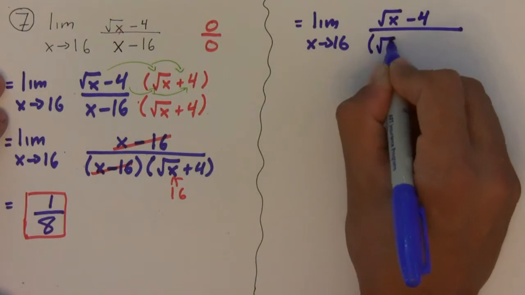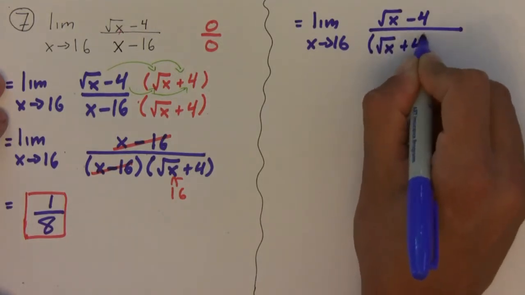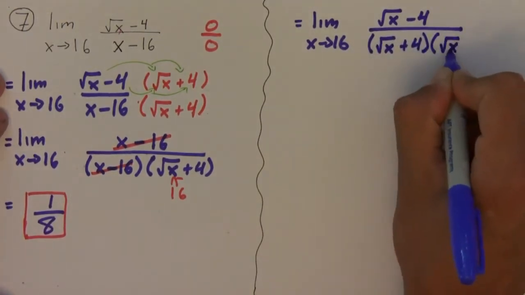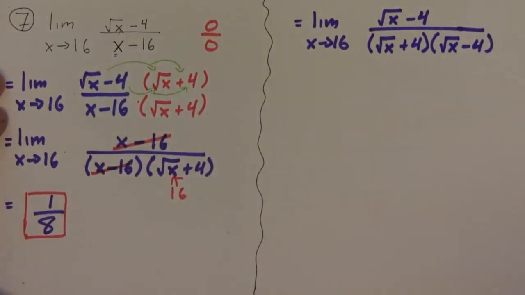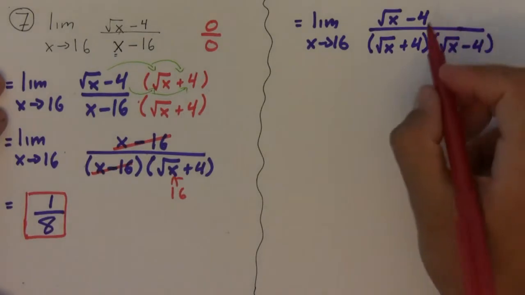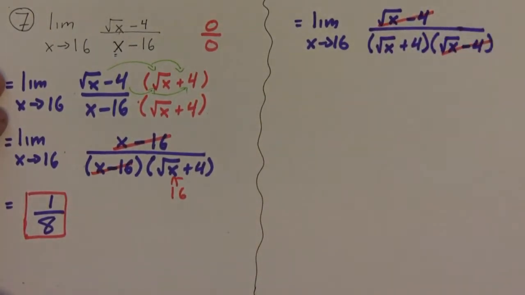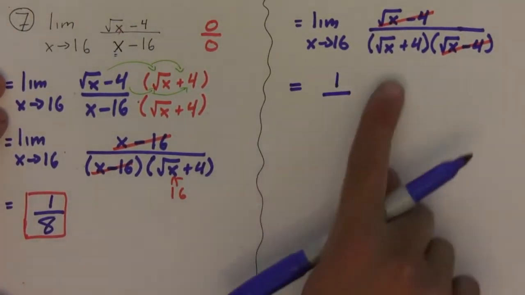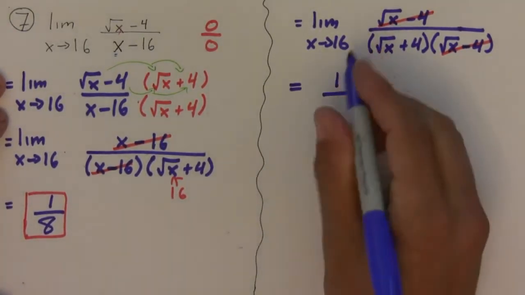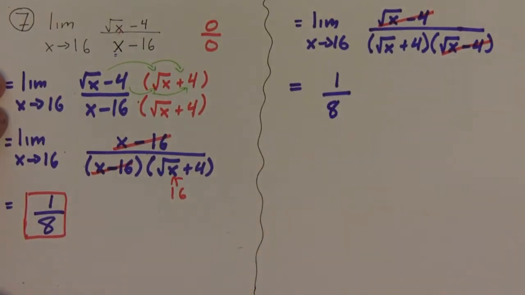If you factor it, this would be square root of x plus 4 and square root of x minus 4, by simply taking the square root of each one. And so notice that these two can cancel, and what you get is exactly the same thing that we got back here. If you plug in 16 down here, you would get 1 over 8.